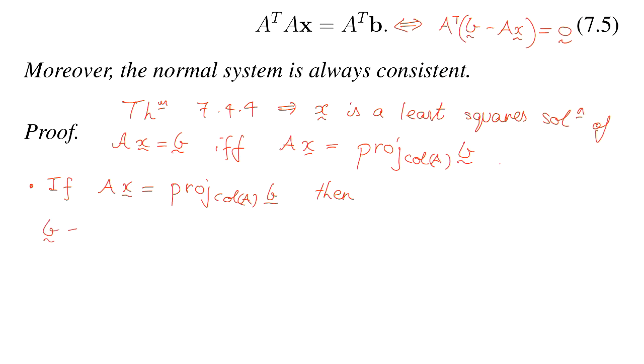Now, let's try and understand what this B minus AX thing looks like. We know AX lives in the column space. And we're assuming X satisfies this equation. So AX is the projection.